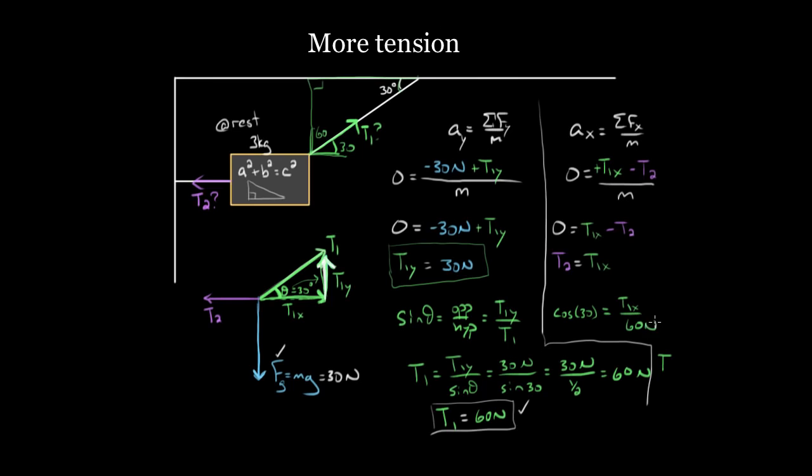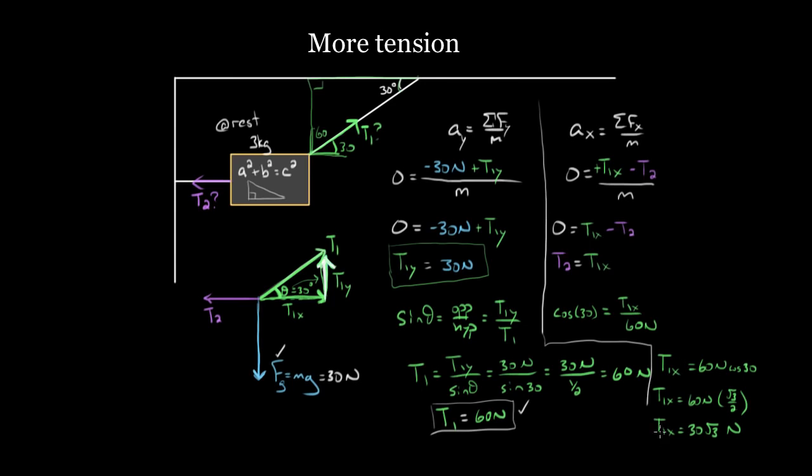So I can solve for T1x. If I multiply both sides by 60 newtons, I get that T1 in the x direction would be 60 newtons times cosine of 30, and the cosine of 30 is root 3 over 2. So I get 60 newtons times root 3 over 2, which means that T1 in the x direction is, 60 over 2 would be 30, so this is 30 root 3 newtons.